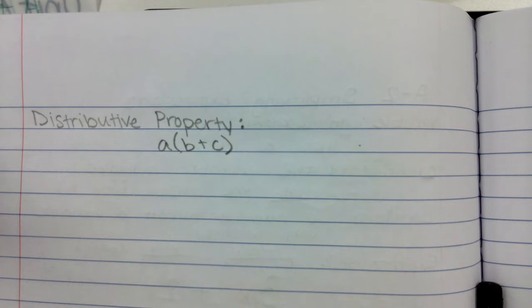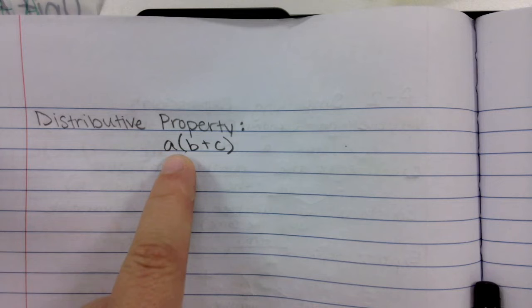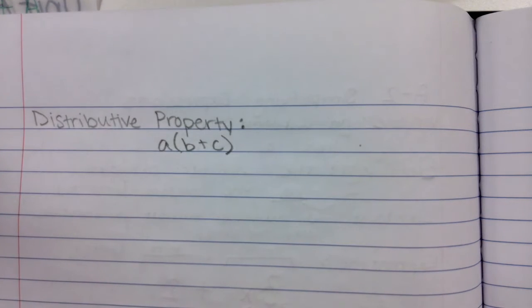All right. So, what does it mean when this A is touching that parenthesis? Multiplication. So can we do that multiplication before grouping symbols? If you look at our order of operations, does multiplying come before grouping symbols? No. So this means that we would have to add B plus C first.